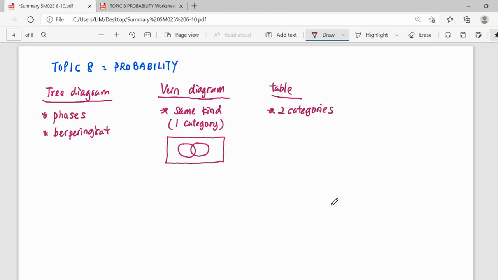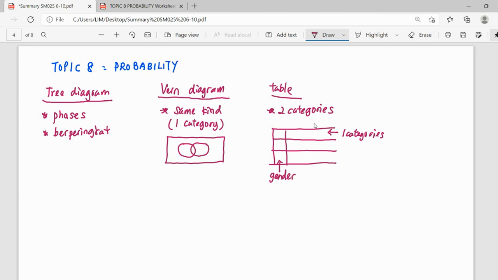When it comes to a table, it will have two categories, because when we analyze our table, it has rows and columns. This here will be one category, maybe your subject, as we said just now, or maybe here it is our gender. We divide by girls or boys, whatever category you want. This one in the column will be gender.